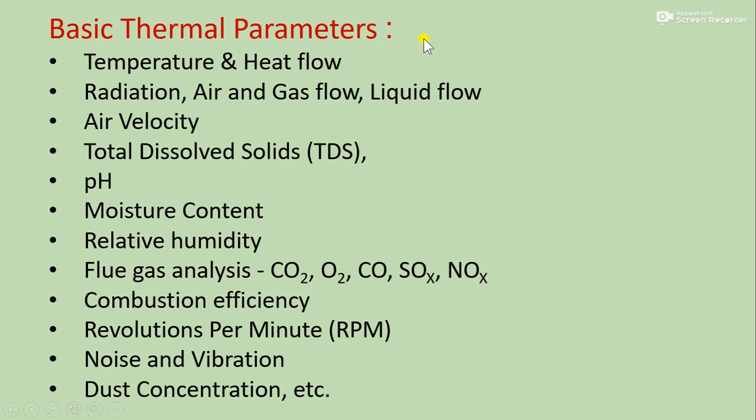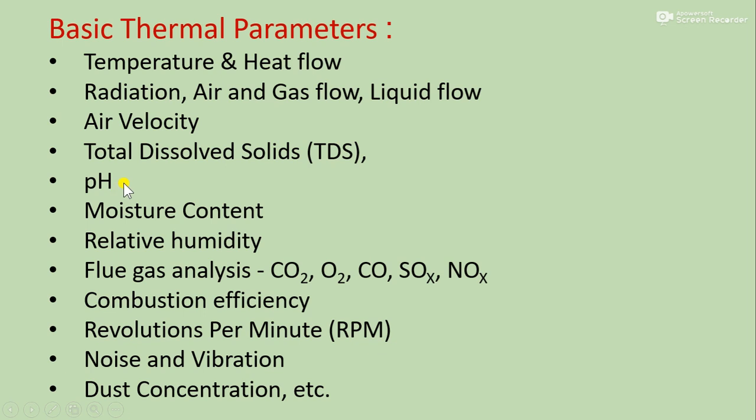Basic thermal parameters are temperature, heat flow, radiation, then flow of air, gas and liquid, and air velocity. In case of boiler, the water which is used requires treatment. So in that, TDS, that is total dissolved solids, is an important measurement parameter. Then pH value of water, meaning how acidic or basic the water is.